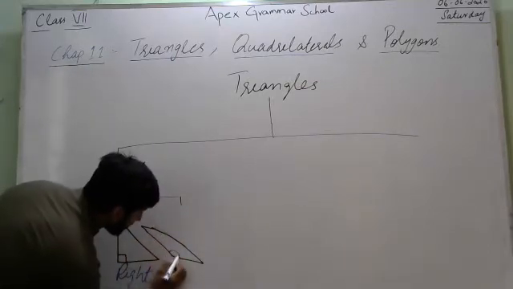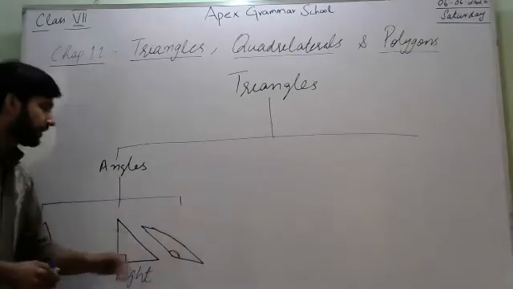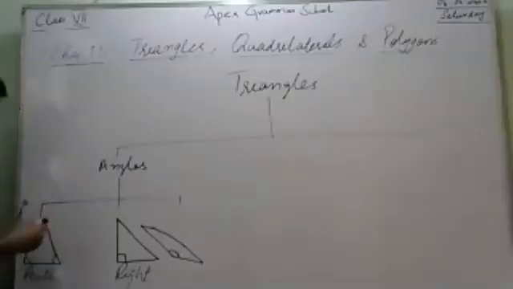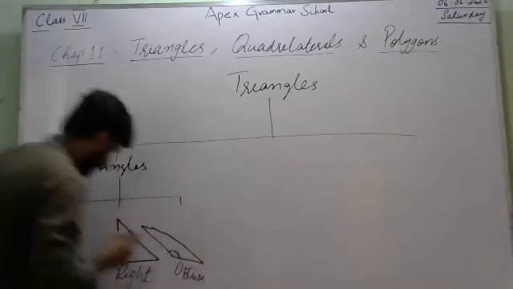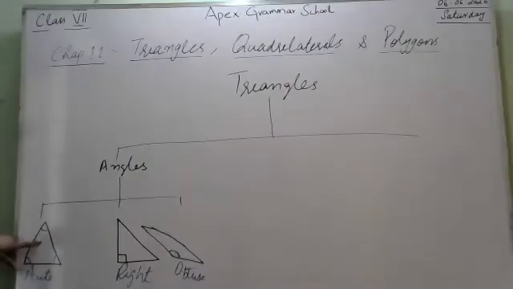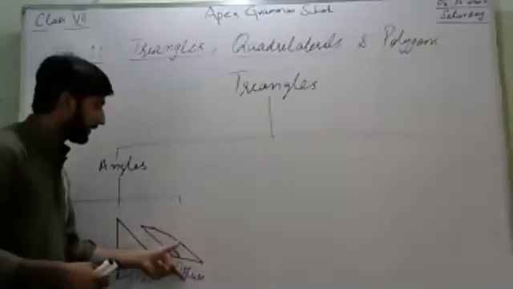This angle is greater than 90, so due to the presence of this angle, the triangle type is changed, which is obtuse. Acute: all angles are less than 90. Right: one angle equals 90. Obtuse: one angle is greater than 90.